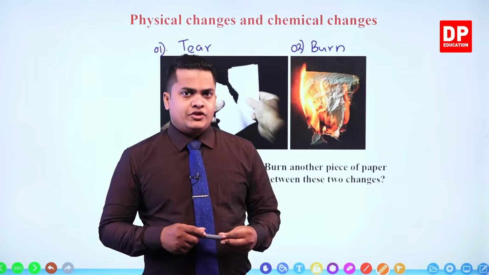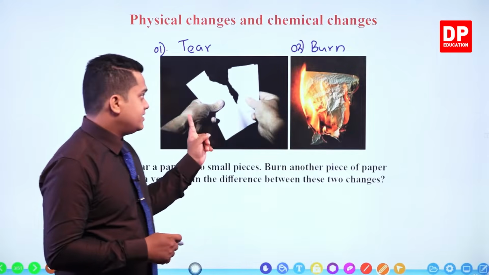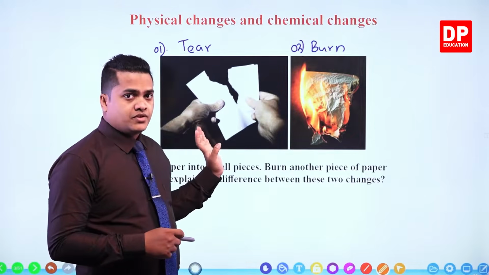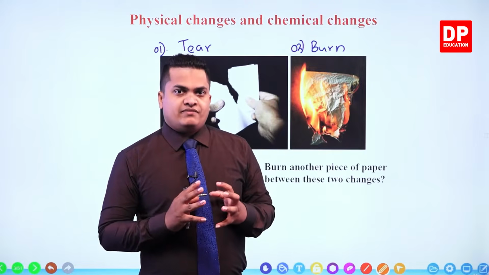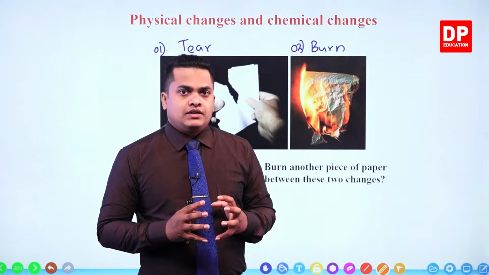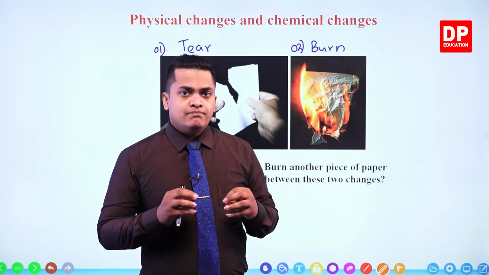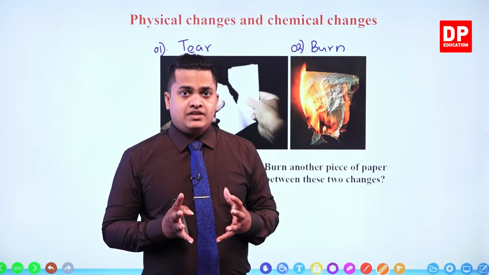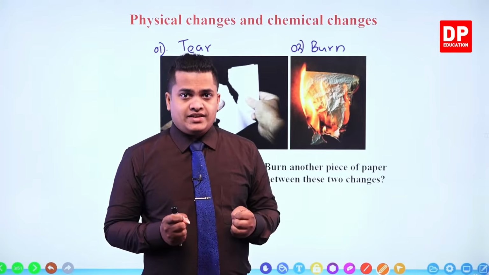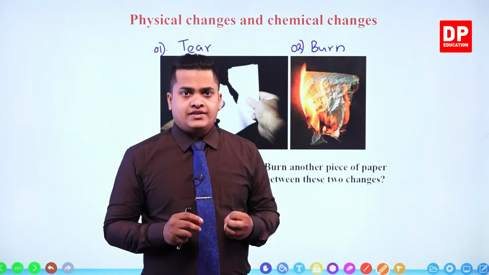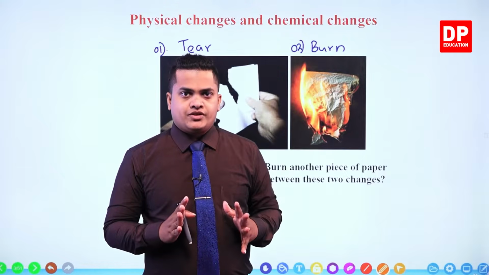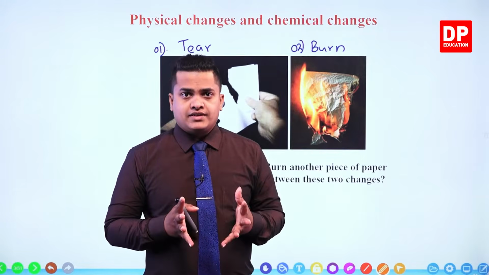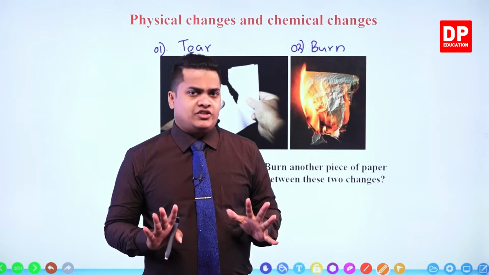Dear children, if you take, in the first instance, the tearing process, even when I tear the piece of paper, the composition, meaning the arrangement of particles within the paper, is not going to change.